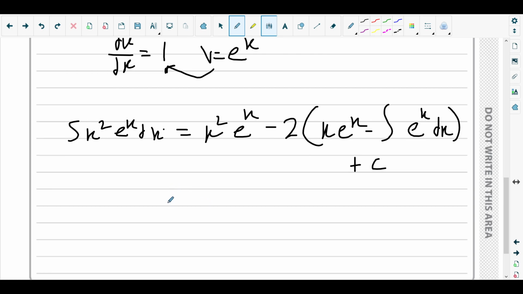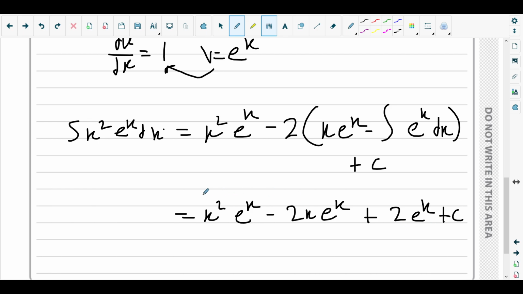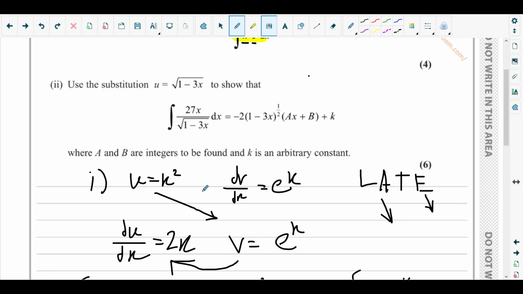Now you just integrate e to the power x and you will get the final value. So you will get x squared e to the power x minus 2x e to the power x plus 2 e to the power x plus c, and this is the integral of x squared times e to the power x. That's it. Okay, next is part 2.